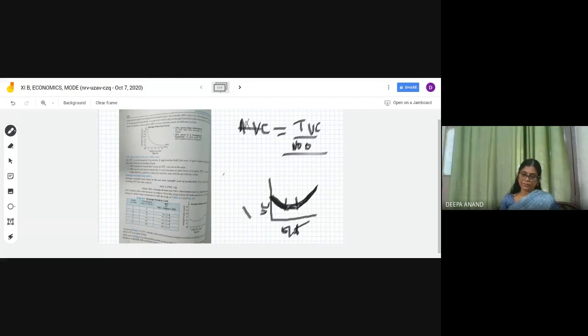Okay. So write it: the shape of the average variable cost curve, the AVC curve, is U-shaped.